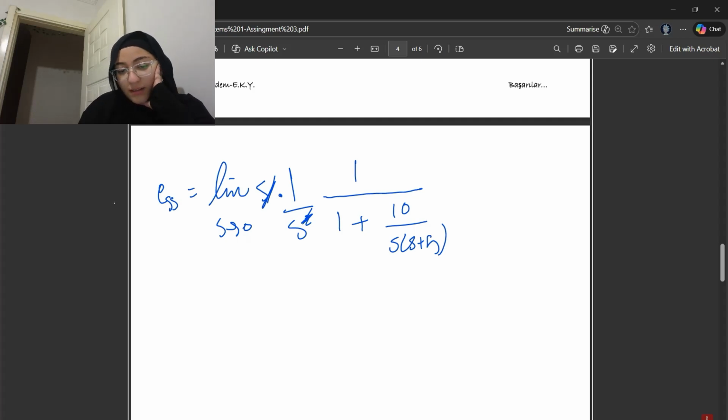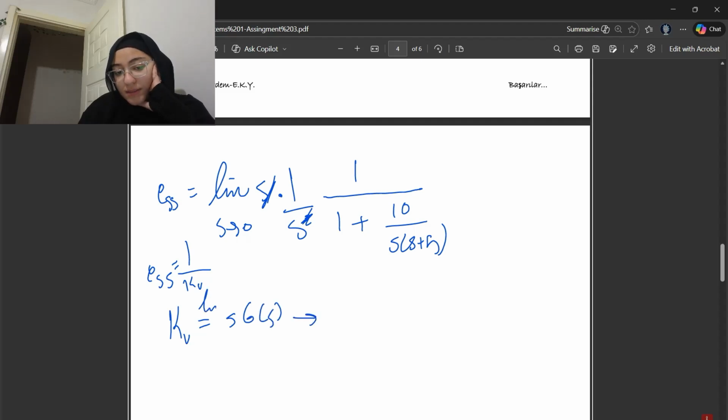A much easier way. Here we have a constant called Kv for velocity. The steady state error will be 1 over Kv. So first thing, we need to find the Kv. Kv equals limit s goes to 0 of s multiplied by G(s).